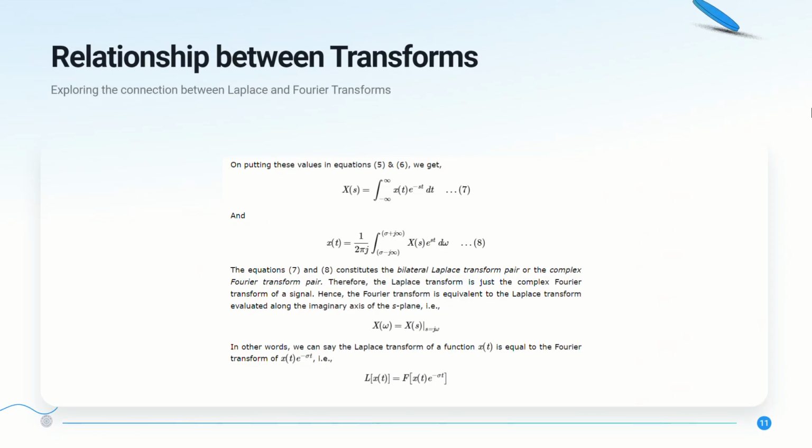Now substituting the values from the fifth equation and sixth equation, we get the final equation, the relationship between the Laplace transform and the Fourier transform: L{x(t)} is equal to F{x(t) e to the power minus sigma t}.